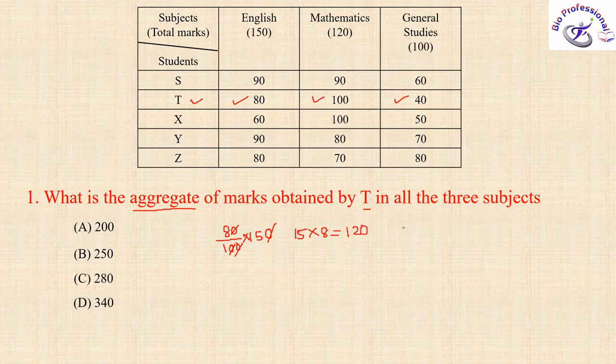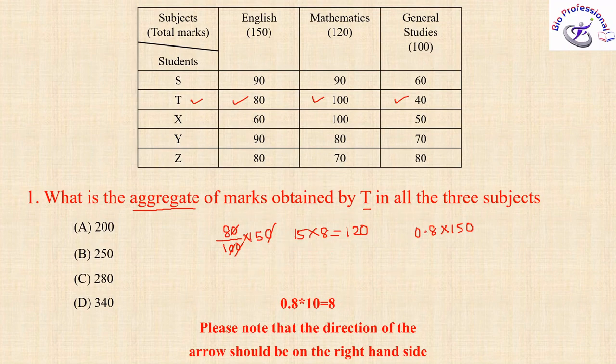So I'm giving you one trick on how to calculate very fast. 80% means 0.8 into total marks 150. Just displace this decimal to this side, which means you are multiplying by 10.